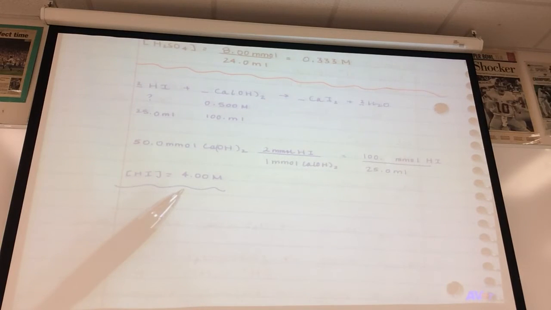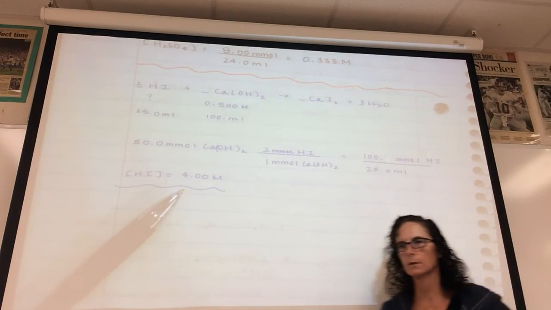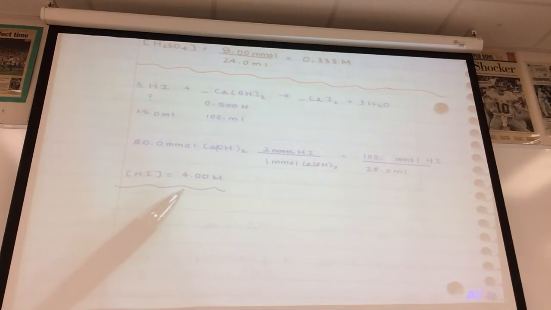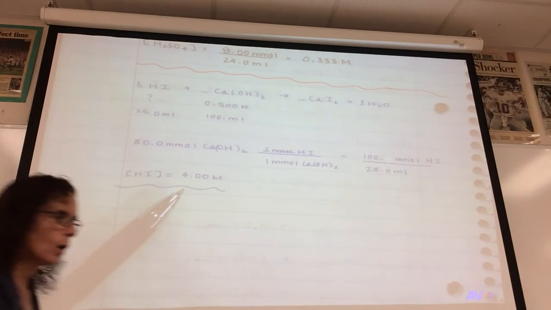I have an extra one here, but I should have one more. Is there an extra one of each of these somewhere? No? Okay. Yours is already marked up.